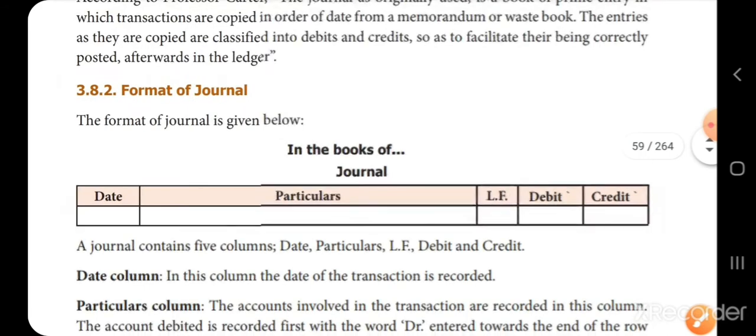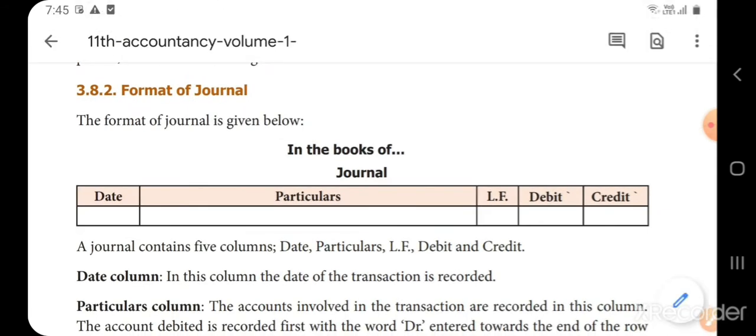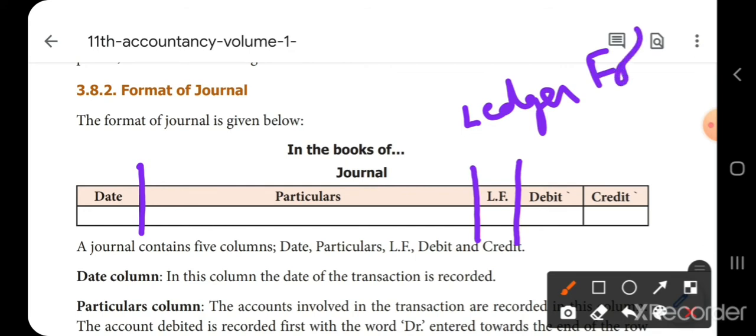Now see the format of journal. You will write like this: in the books of. You have date column, particulars column, then you have a LF column. LF means ledger folio, ledger folio number. I told you from the journal the entries will be posted to the ledger.